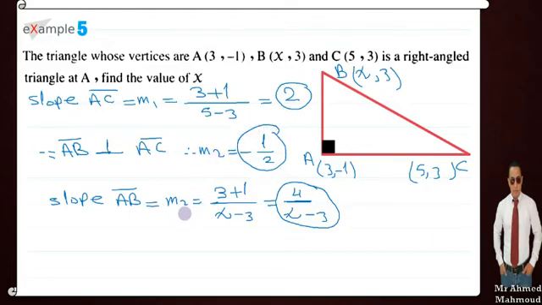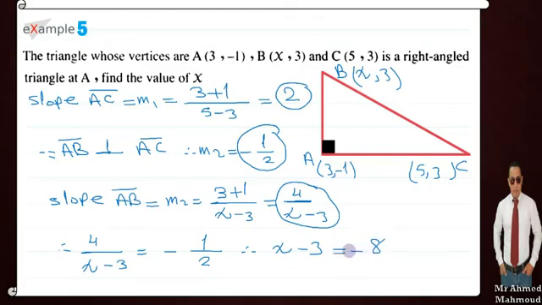I will make an equation: 4 over x minus 3 equals negative 1 over 2, and with cross multiplication, x minus 3 equals 4 times 2 over negative 1, which is 8 over negative 1, equals negative 8.